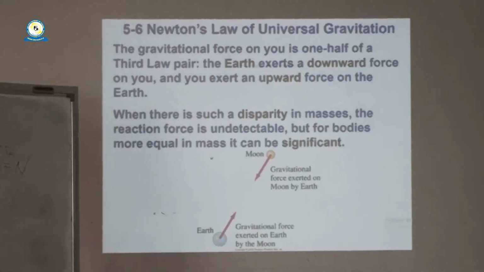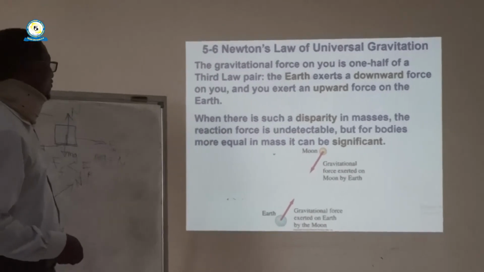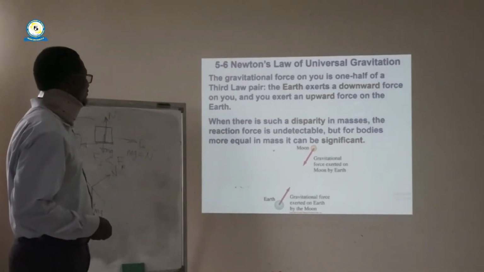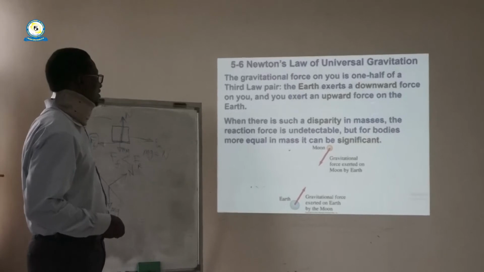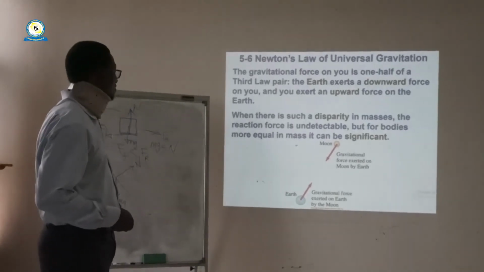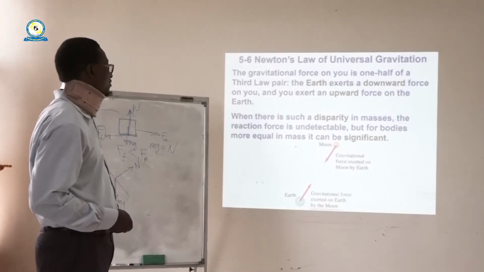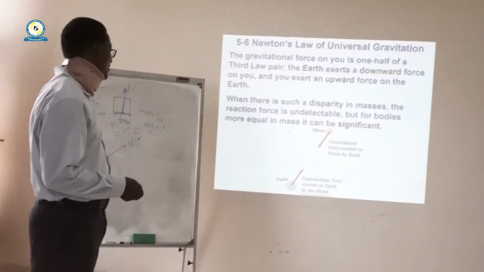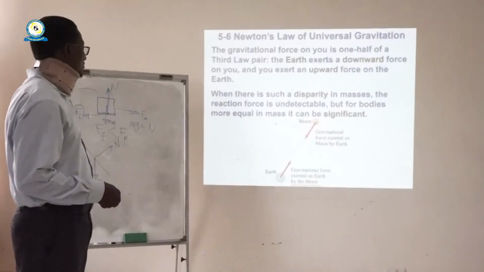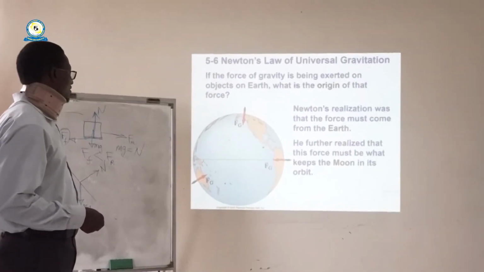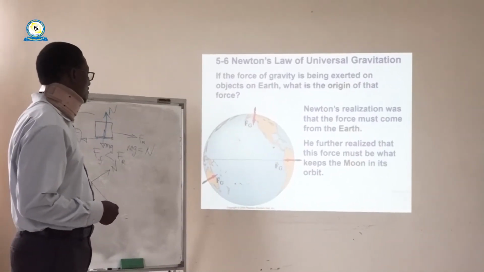The gravitational force on you is one half of a third law pair. The earth exerts a downward force on you, and you exert an upward force on the earth. Like this one.